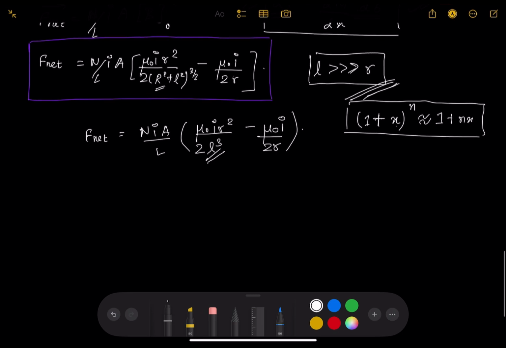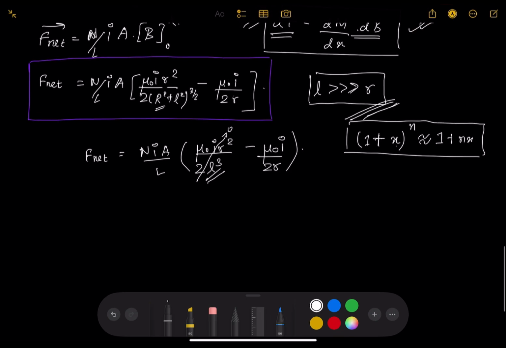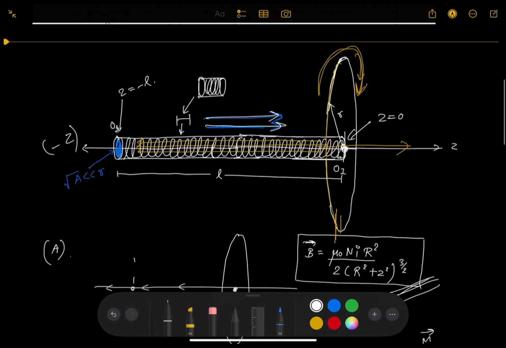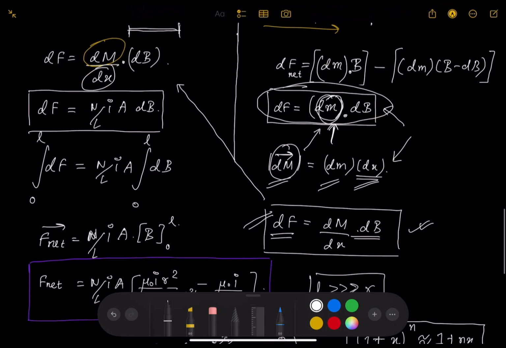So since L is very, very large, this quantity tends to zero. So the whole thing simplifies to, we have two terms in current, by the way. We basically assumed that the currents in the solenoid and the Amperian loop are both I. So this current in the loop, let's call it I1, and the current in the solenoid, let's call it I, since that's the variable that's been given to us.